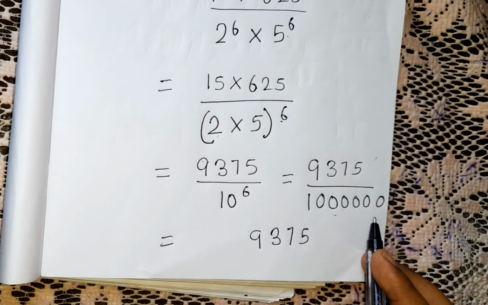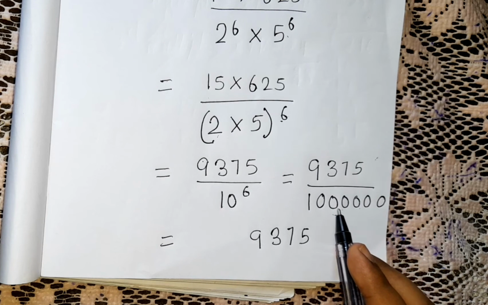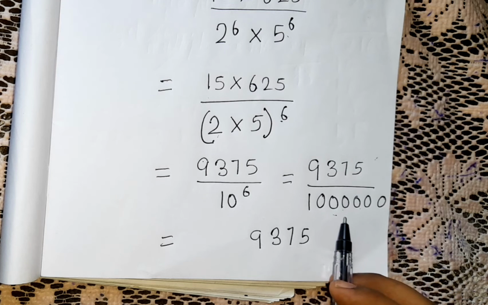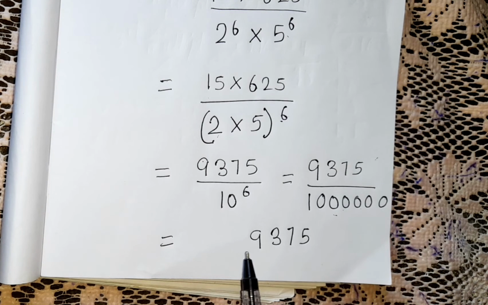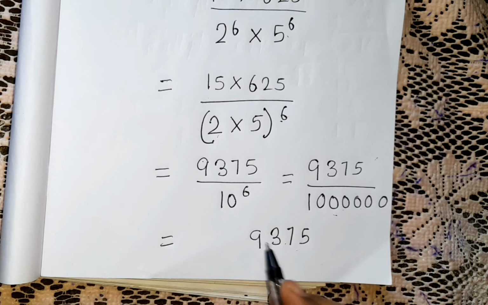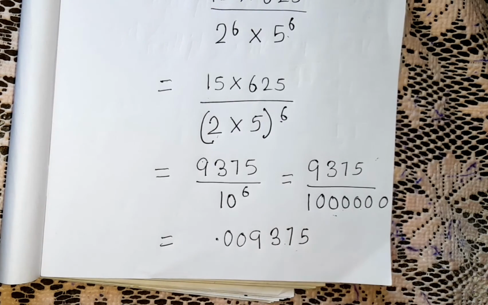Do you know how to put the decimal point? We just count the zeros, that is 1 2 3 4 5 6. Totally 6 zeros are there. So we are going to put the decimal point after counting 6 numbers. Here the numbers are 1 2 3 4 5 6, and here we put the decimal point.